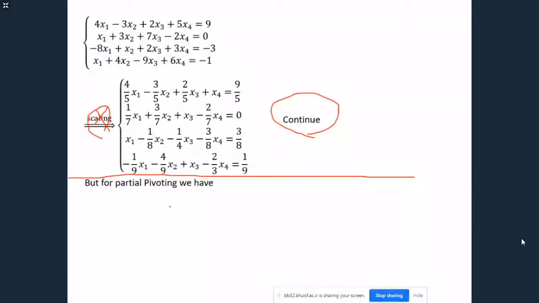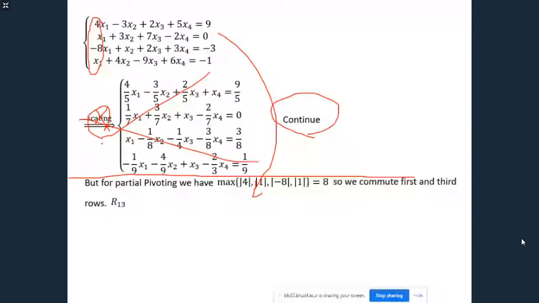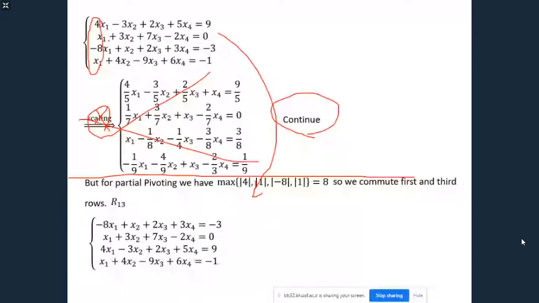With partial pivoting, in the original system, we have to find the maximum in the first column and then change the first row and the third row.